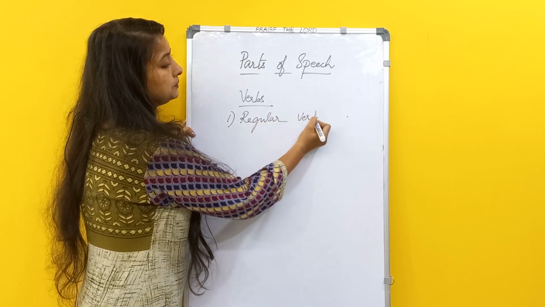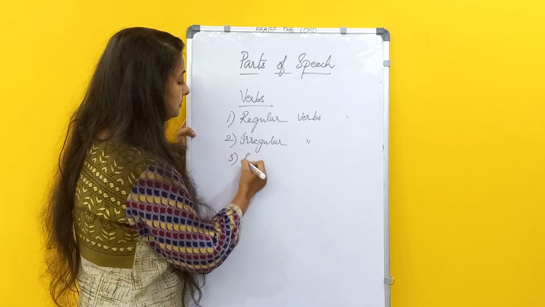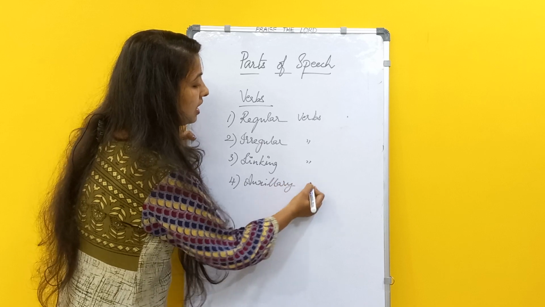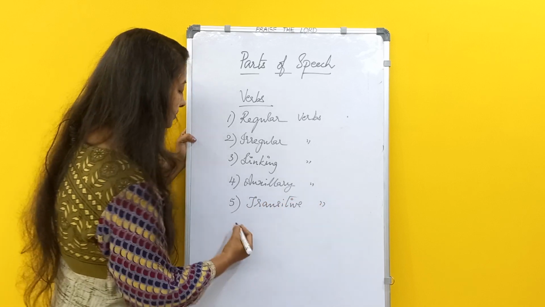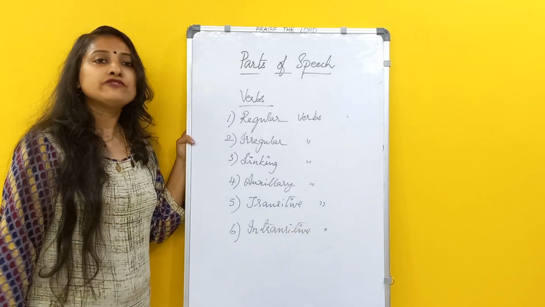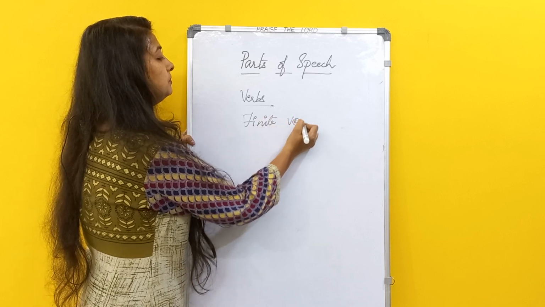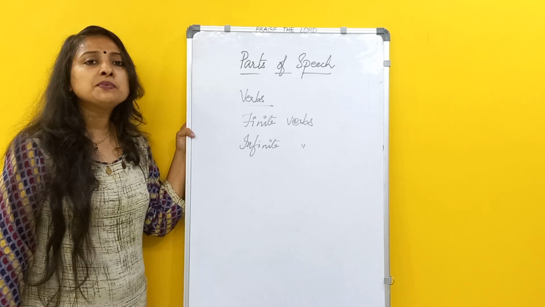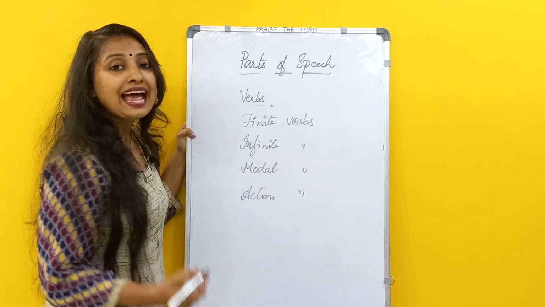Regular verbs, irregular verbs, linking verbs, you can say auxiliary verbs, transitive verbs, intransitive verbs, finite verbs, infinite verbs, modal verbs, okay, action verbs and stative verbs.